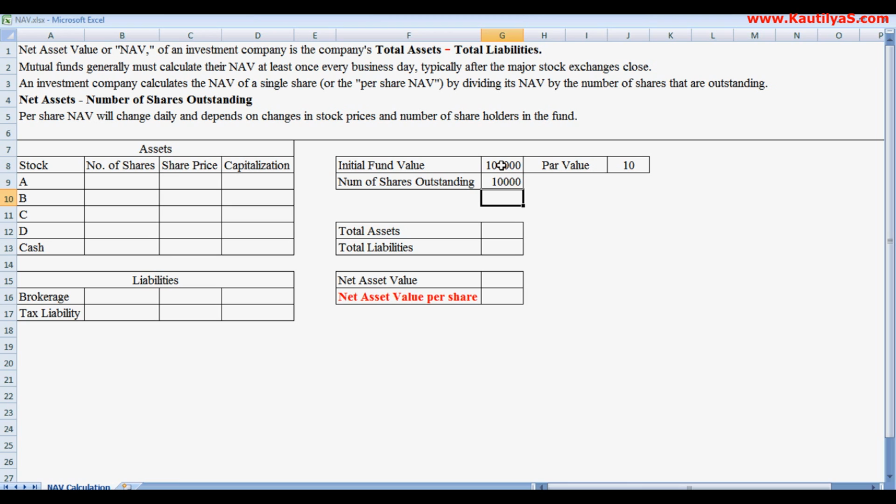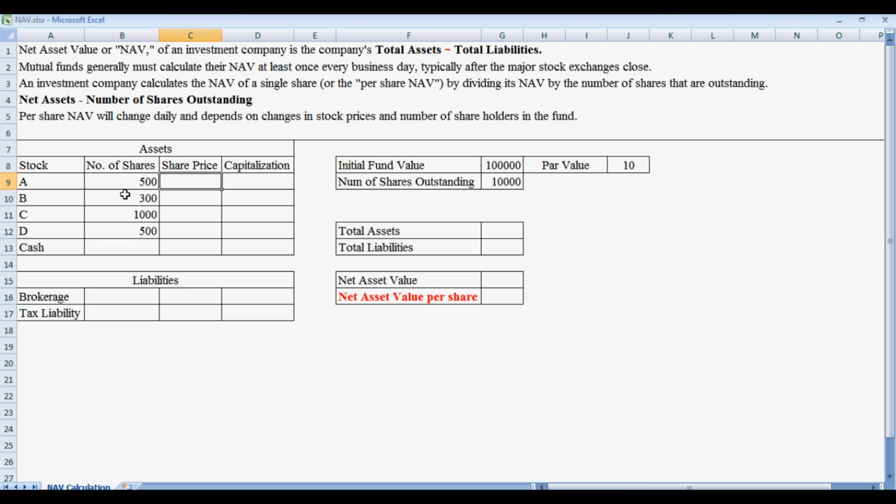This 1 lakh rupees is invested in 4 different stocks. We make an assumption: in stock A, we purchased 500 shares, 300 units of stock B, 1000 units of stock C, and 500 units of stock D.